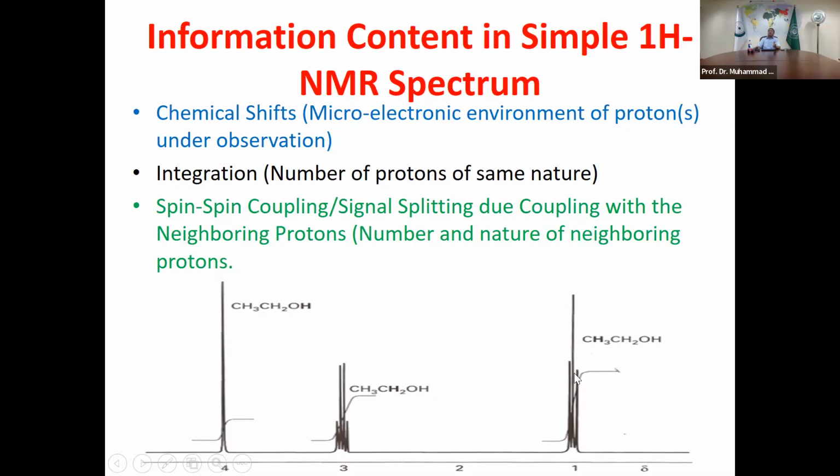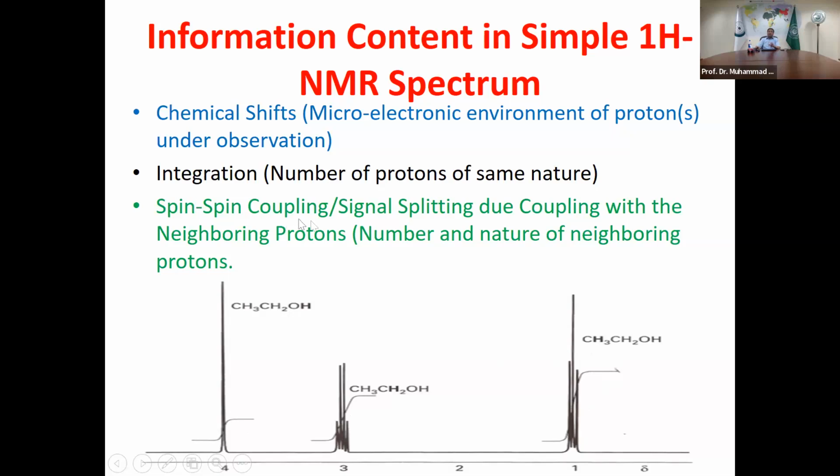But actually this is the area under the peak, which represents the number of protons present. So you can see that this ascending line is 3 times this one. And this is 2 times versus this one. So it can tell you that these are 3 protons versus 2 protons versus 1 proton.